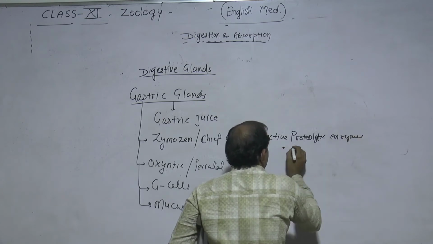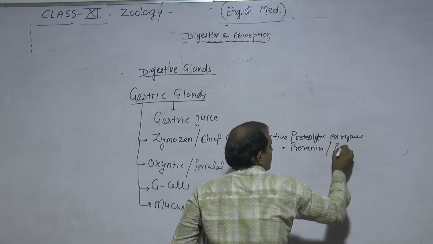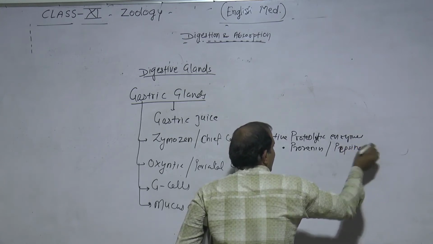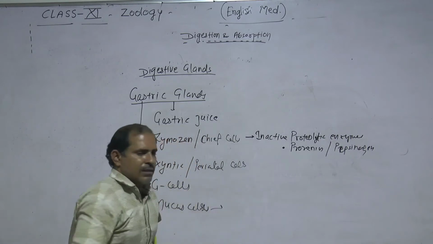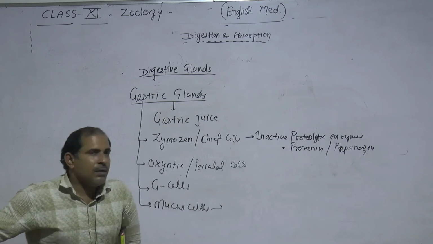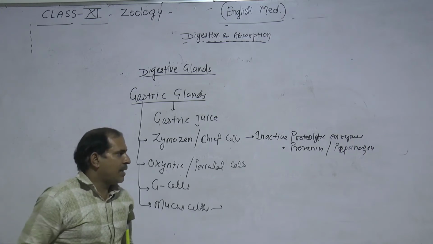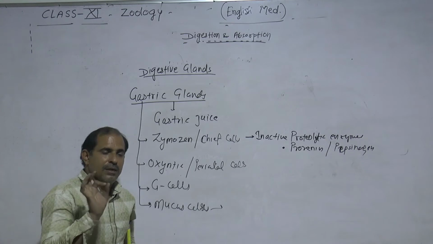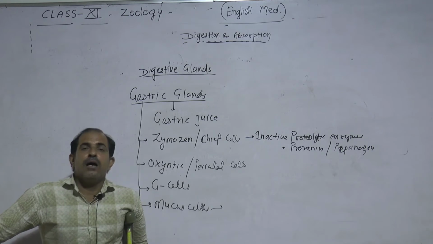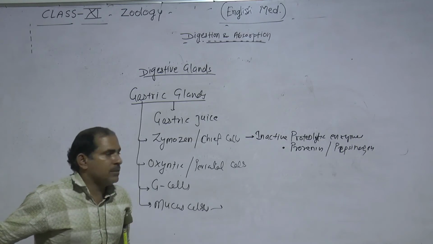Two types of inactive proteolytic enzymes are secreted by zymogen cells, and these are prorenin and pepsinogen, but they are secreted in different stages. Prorenin is secreted in the childhood stage, whereas pepsinogen is secreted in adulthood. In adults, pepsinogen is secreted, whereas in children, prorenin is secreted.